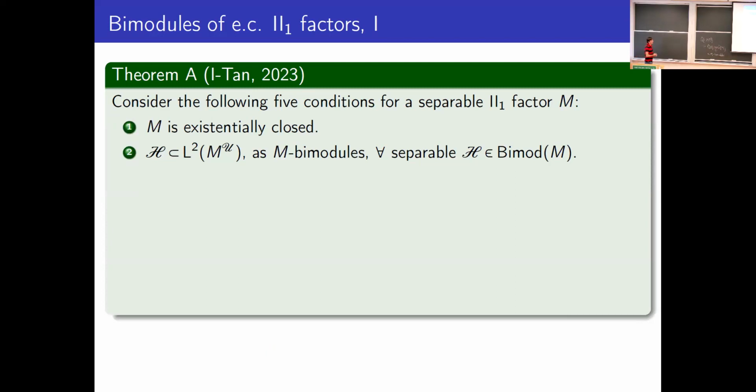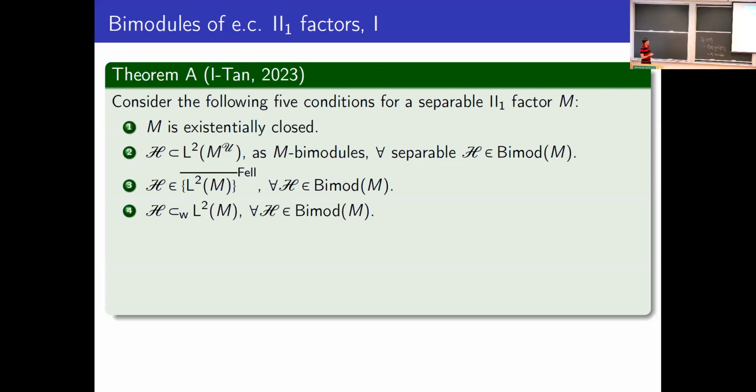The second one is that any separable M-bimodule H is contained in the L2 space of the ultrapower of M. And again, I'm working with separable here, the reason being that I'm taking a free ultrafilter on the natural numbers. So those are the first two conditions, and then I have two more. The third one is that any bimodule is contained in the closure of the trivial bimodule in the Fell topology. And four is that any bimodule is weakly contained in the trivial bimodule.